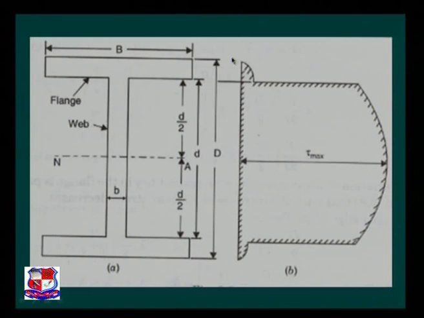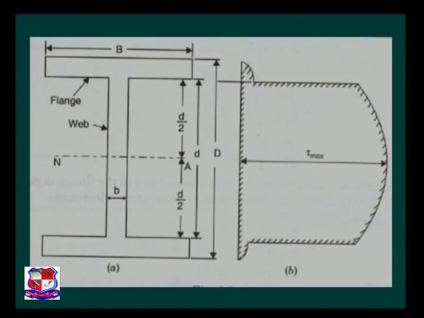Obviously, this is also a parabolic variation for both flanges. This is also a parabolic nature variation, but it repeats two times because it changes abruptly. Whatever the value, multiply by capital B by small b.